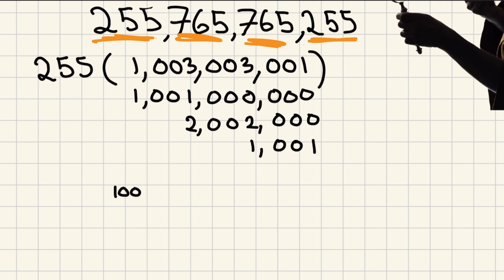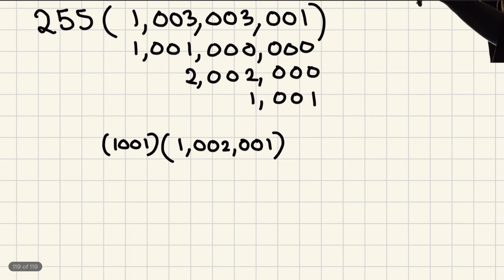So it's going to be 1001 times 1 million, and then 2001. Now we can actually do the same trick again with this number. We can split this one into 1,000,000 and 1,000, and then 1,001.